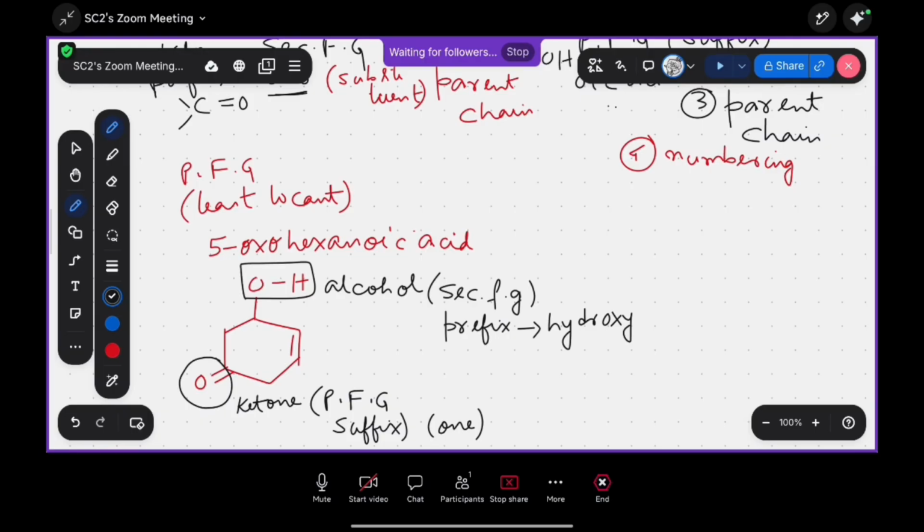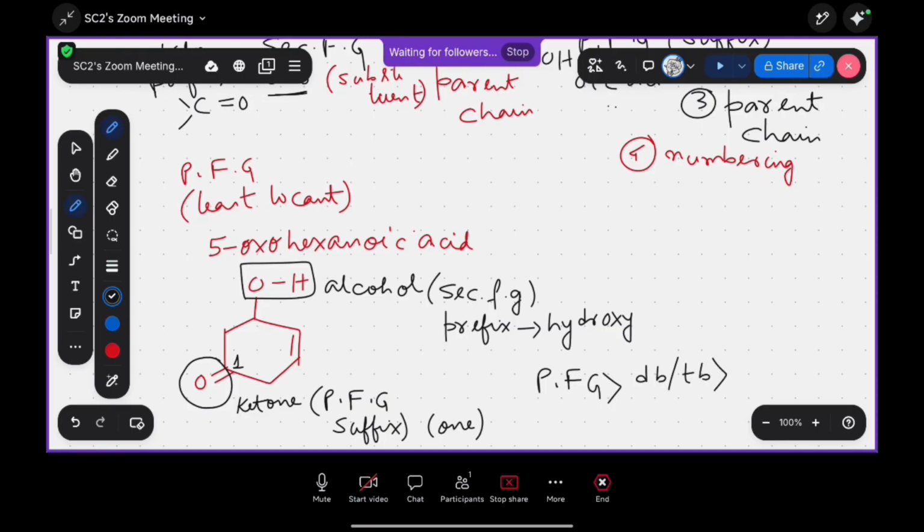This is a cyclic compound, no other alkyl chain, no other carbon chain is there. So this is the parent chain only. So after that, numbering. How will you number? The principal functional group will get the highest priority, that means the least locant. So ketone will get locant 1. After the principal functional group, the double bond or the triple bond gets the more priority.